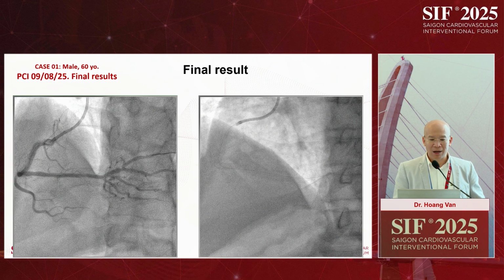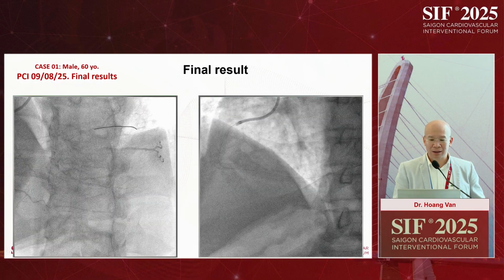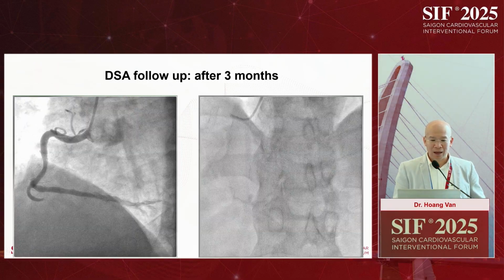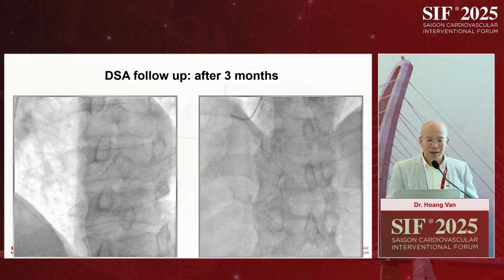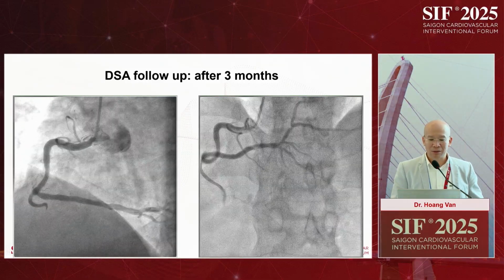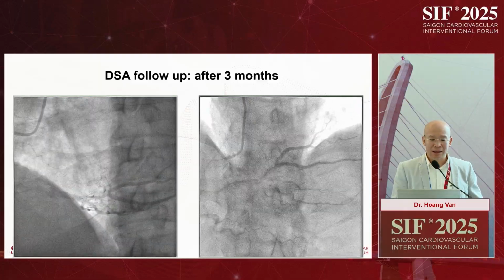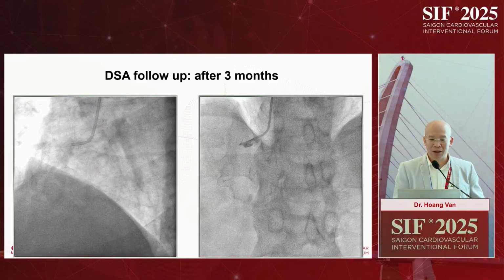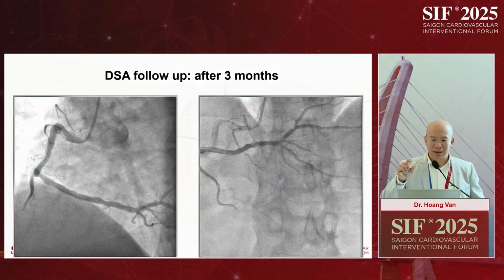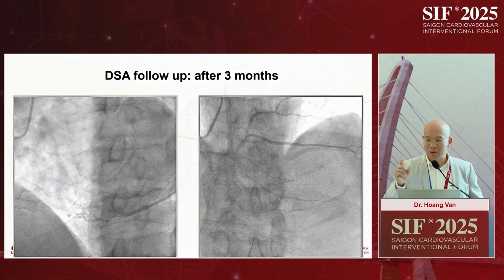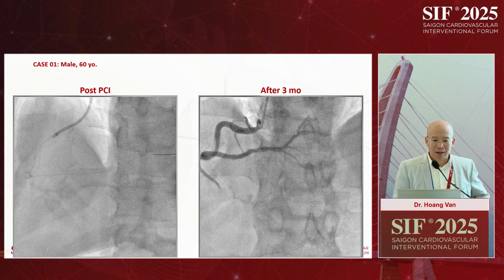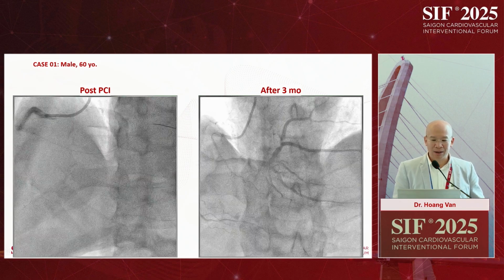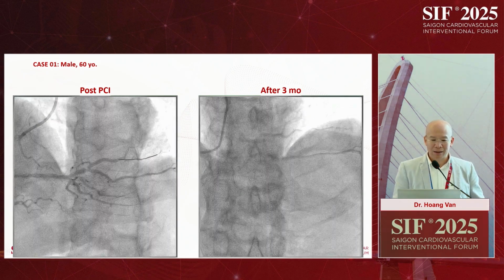The final result doesn't look very good. After 3 months, the patient had chest pain, so we checked the angiogram again, but the result was still good after 3 months, and we see early positive remodeling in the lesion. Before and after 3 months, it looks very good.